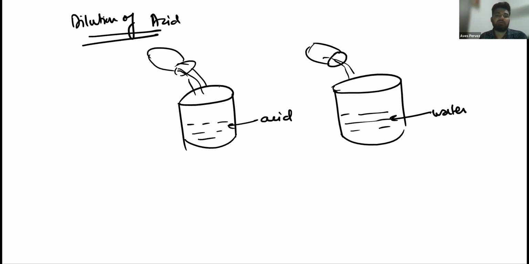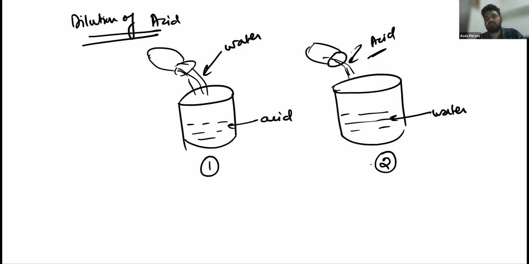So you are pouring water into the acid in one, and you are pouring acid into water in the other. Which one is more appropriate for dilution? Which one is the correct one, the first one or the second one?